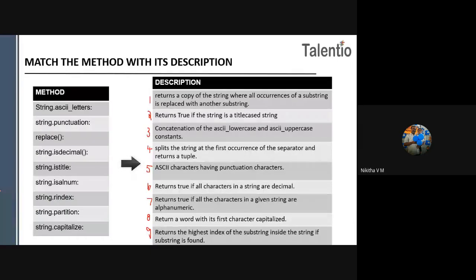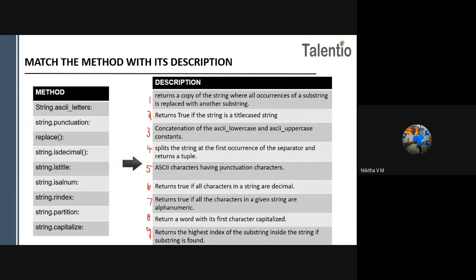String.ascii_letters. To which number will you match? Three, yes. So concatenation of ASCII lowercase and ASCII uppercase constants, right? How about string.punctuation? Yes, it's five.